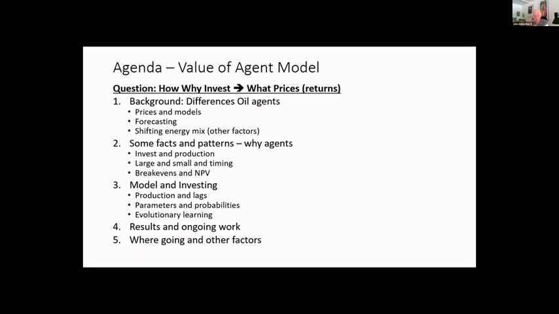Then we'll look at how to approach agent-based modeling and what the simplified approach is, and how that helps generate boom and bust cyclicality in investment and in prices, and how this is a framework that hopefully we can start to use going forward.